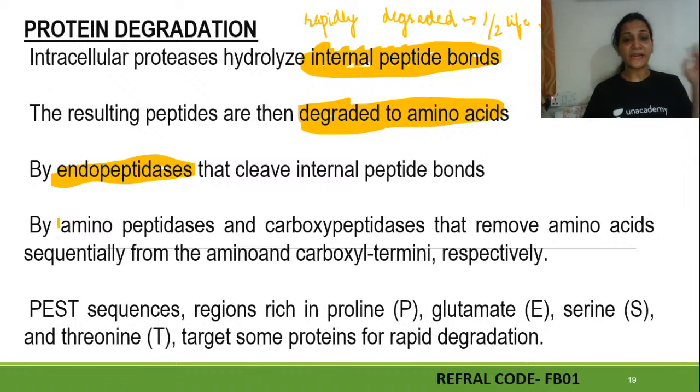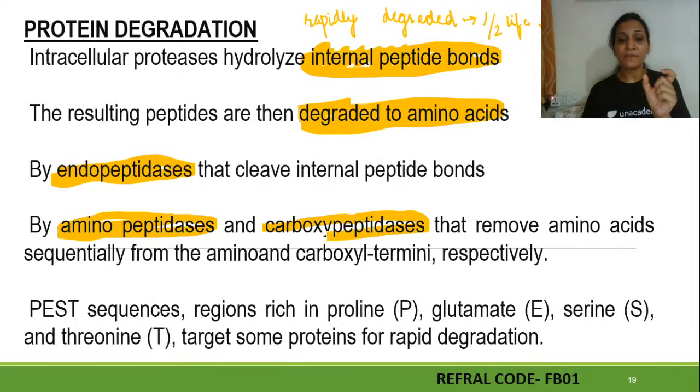So endopeptidases cleave the internal bonds, and now when the smaller polypeptides need to be cleaved into smaller amino acids or dipeptides, tripeptides, tetrapeptides or heptapeptides, which enzymes will take up the process? Aminopeptidases and carboxypeptidases.